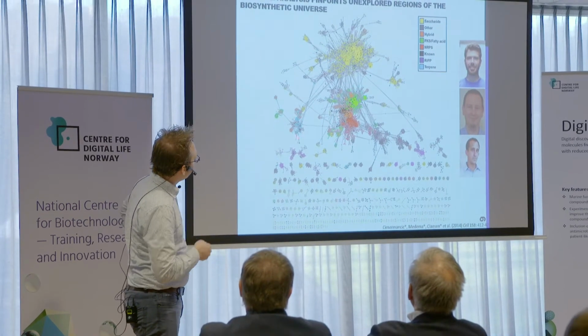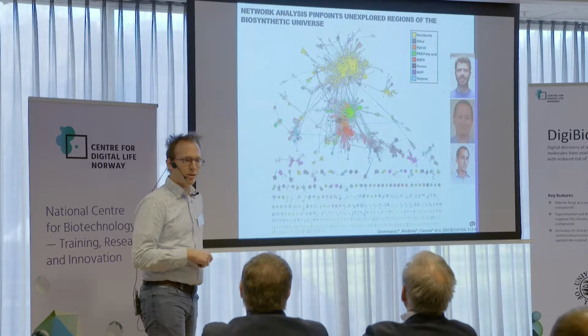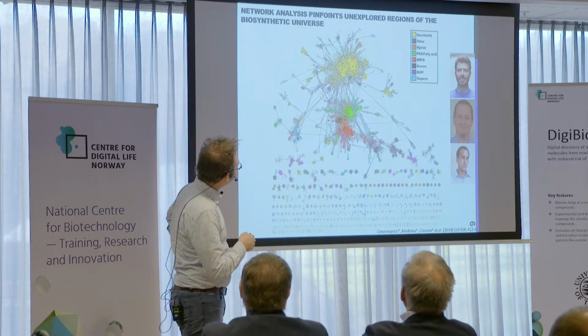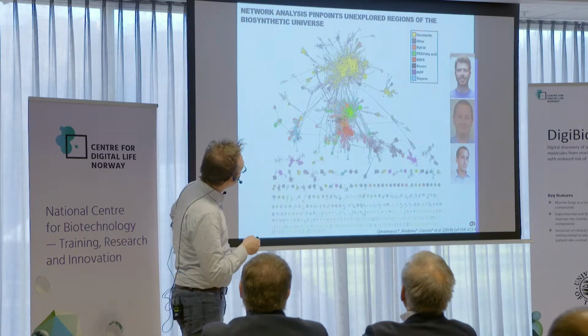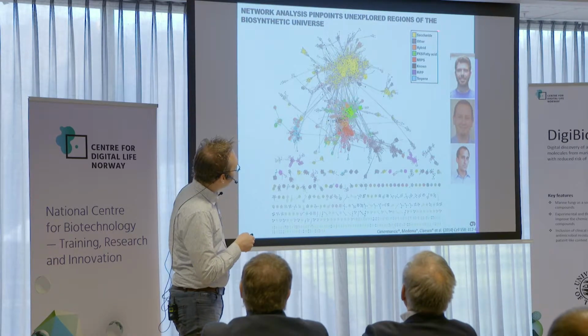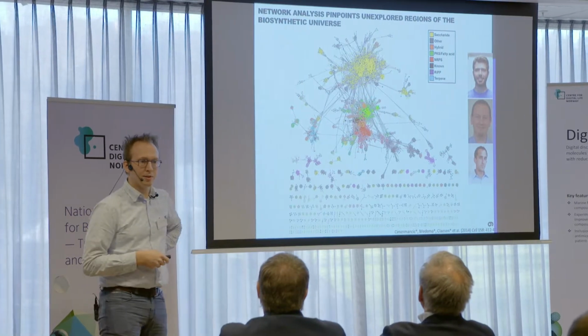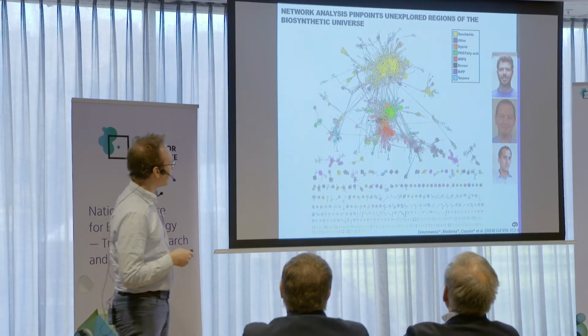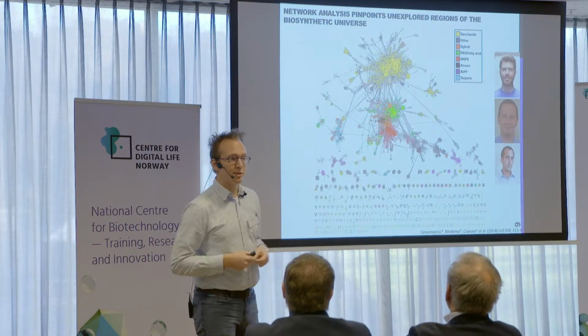So this is a network of all the biosynthetic gene clusters in around 1,000 genomes. Here each node represents one biosynthetic gene cluster, and the colors of the nodes indicate what biosynthetic class of gene cluster each node represents. The nodes are connected based on a similarity metric.